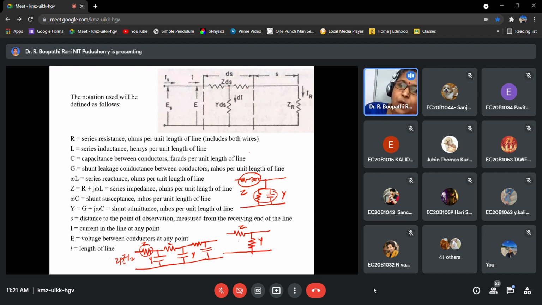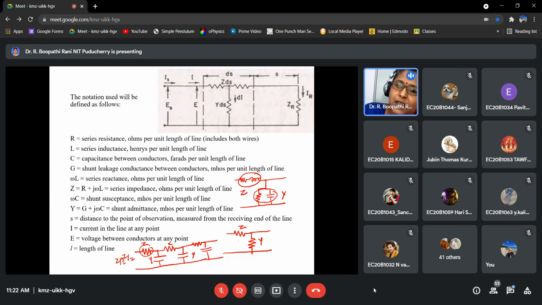So to achieve symmetry, the circuit can be drawn this way. Here Z is the series impedance, Y is the shunt admittance, and everything is per unit length.